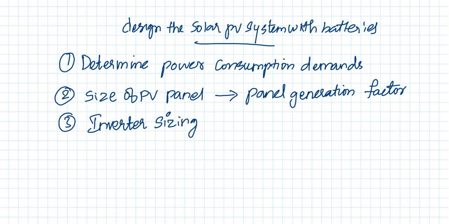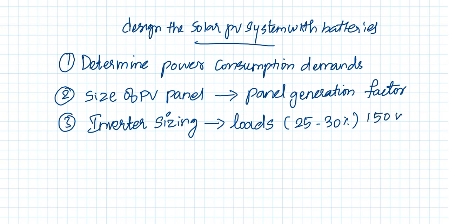Inverter sizing means, based upon the loads we are using, we have to size the inverter 25 to 30 percent above the actual load rating. If the load rating is 150 watts, we have to consider a 190 watt inverter for the appliances.